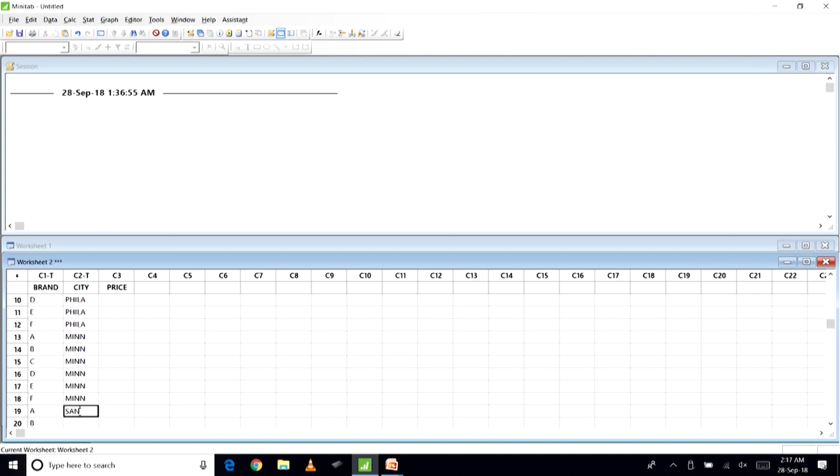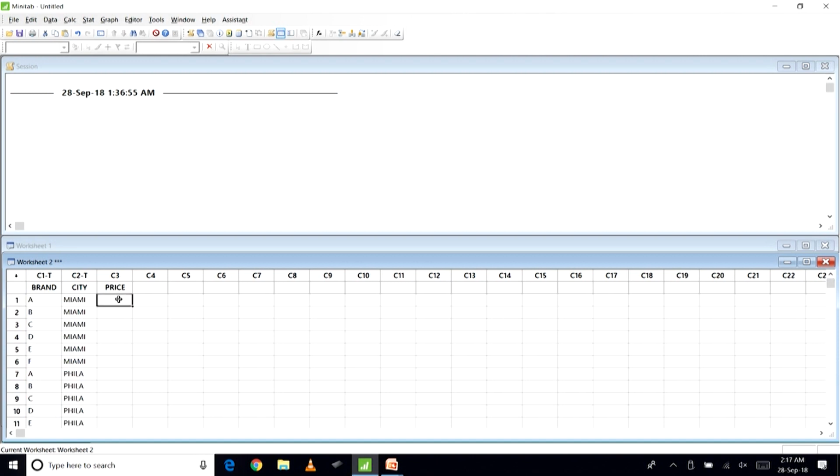Then the next city, up to 24, and finally Auckland, right. And then you can write prices. You can just copy and paste it up to serial number 30, right.